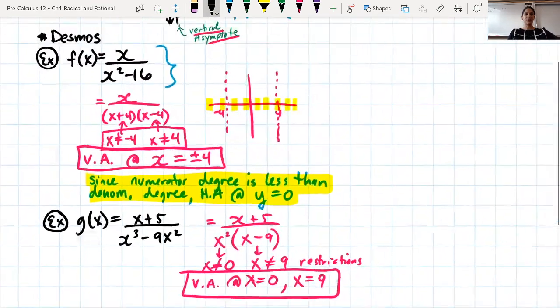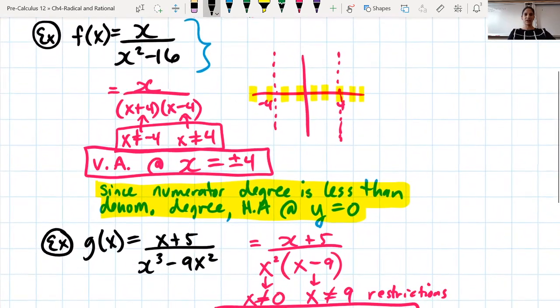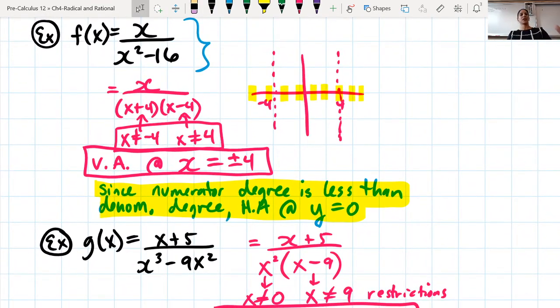Basically, take a look at both of these examples. They're so bright and colorful, I love them. Take a look at the bottom, factor out the bottom, decide what's not allowed or find the restrictions. From that, you pull out what the vertical asymptote would be. Whatever is not allowed, that would be the line or the equation of the line that is your vertical asymptote.